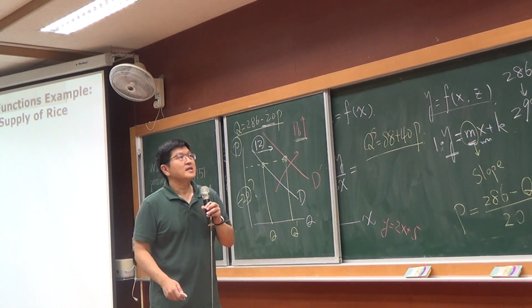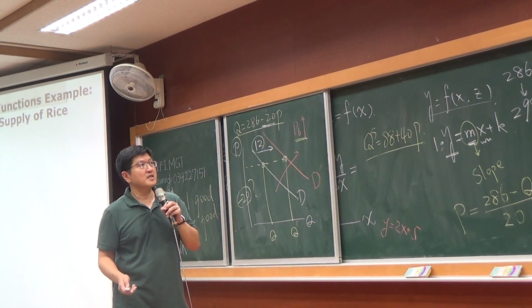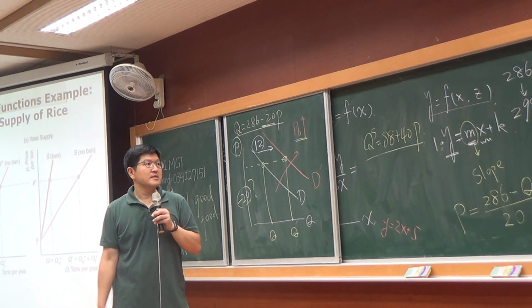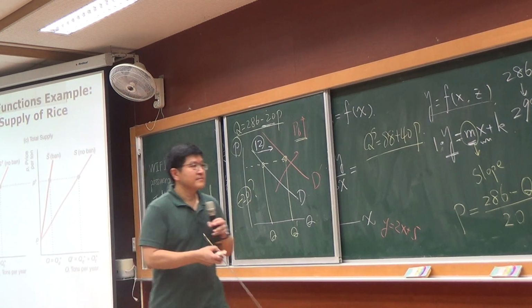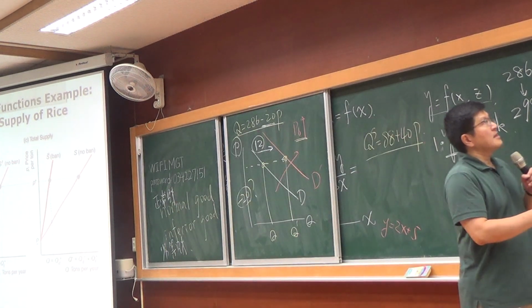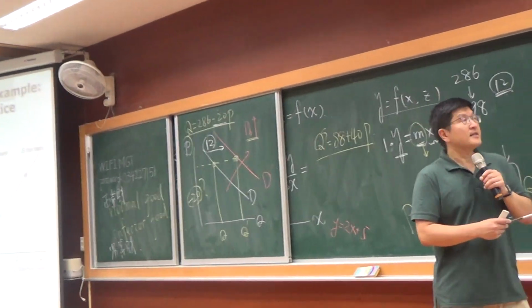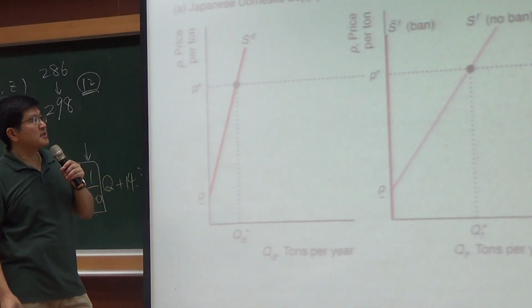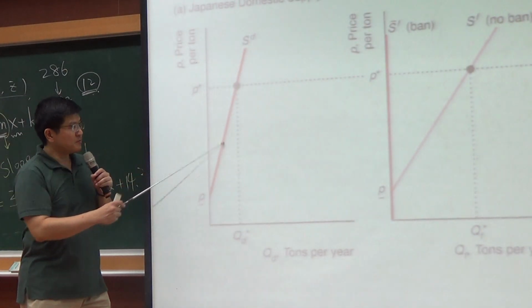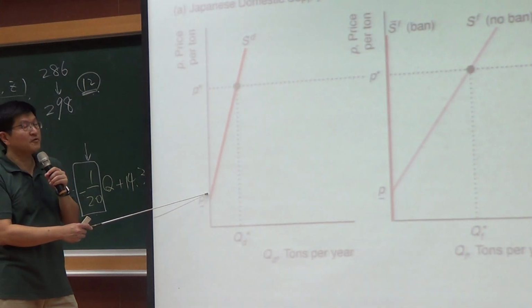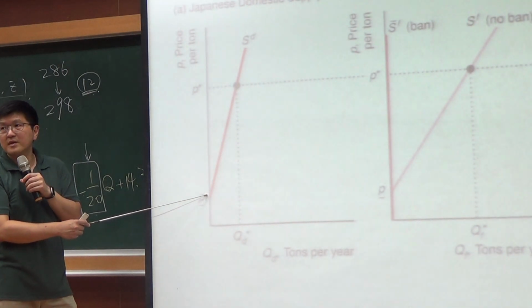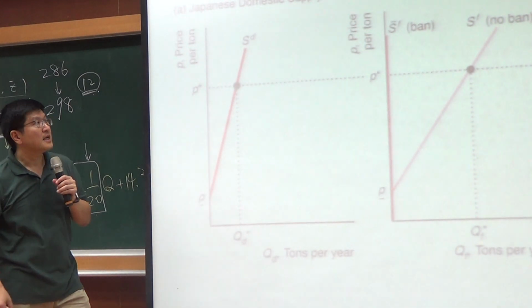Alright, so summing supply functions, examples: domestic and foreign supply of rice. This is an example from the textbook. Let's assume this is the domestic supply in Japan.